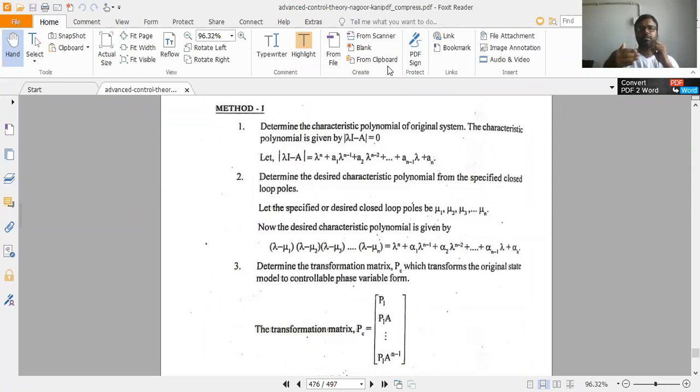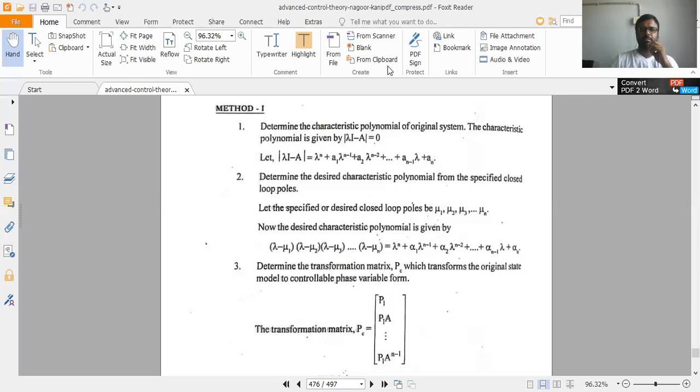Before entering into the procedure for the capital K, that particular system has to satisfy the controllability condition. After the system satisfies controllability, then we enter into the three different methods which are used for the calculation of the state feedback gain matrix.